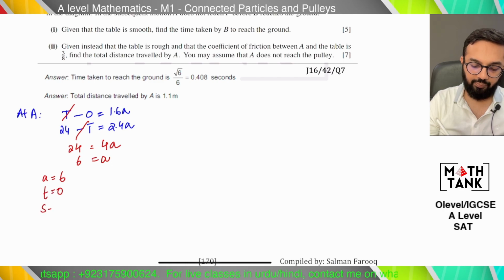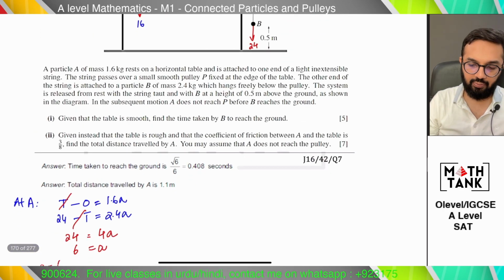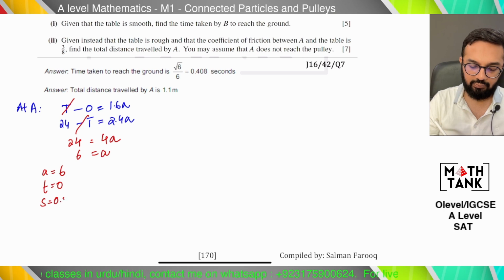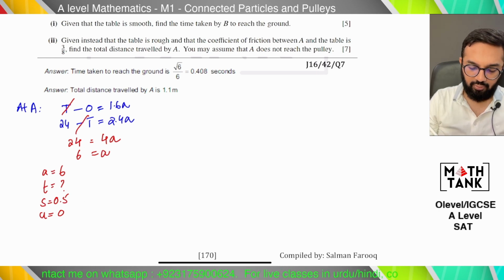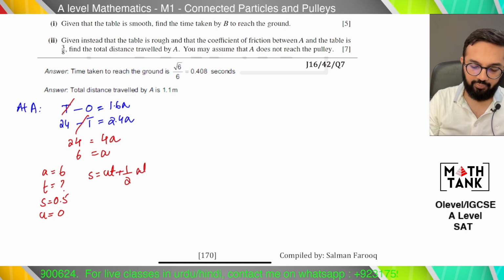s is 0.5, and I want to find t. u is 0. So s equals ut plus half at squared.